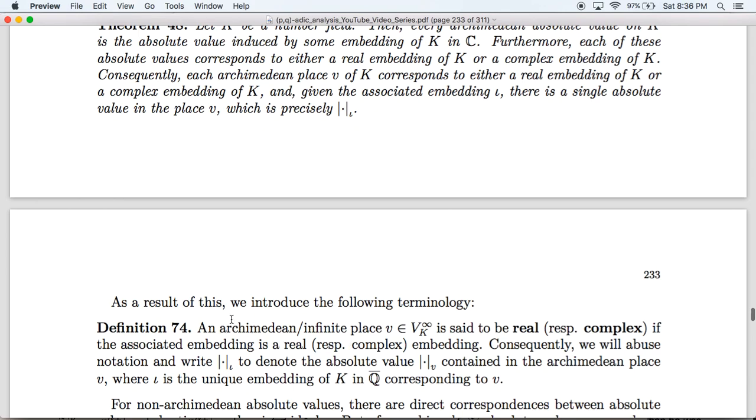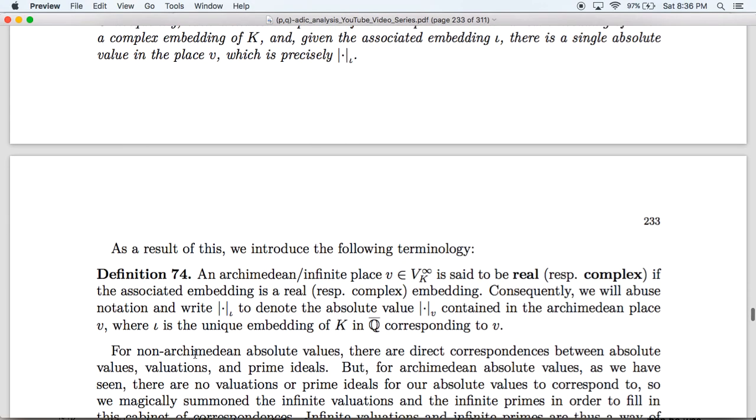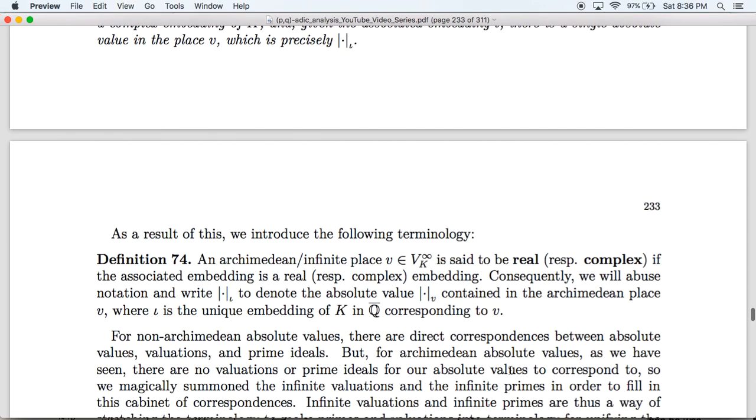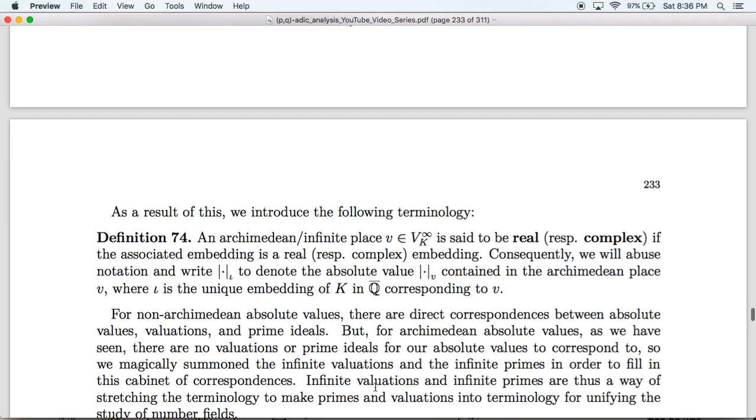And so this leads to an important terminology. An Archimedean place of K is said to be real, respectively complex, if the associated embedding is real or complex. And so that extends our notation. For non-Archimedean absolute values, there are direct correspondences between absolute values, valuations, and prime ideals. But as we've seen, for Archimedean absolute values, there are no valuations or prime ideals to fill the gap.